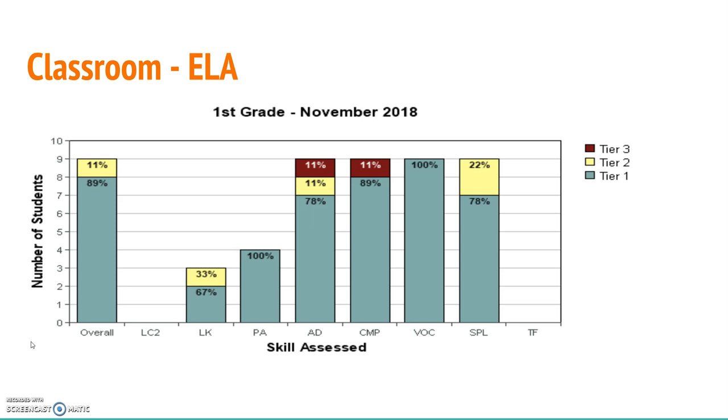We implemented a new phonics and phonemic awareness curriculum this year. And so our alphabet decoding and our spelling, those two charts that we see, a little bit of yellow and red there, I believe if we stay the course in that curriculum and use it the way it is intended, those skills will be shored up.